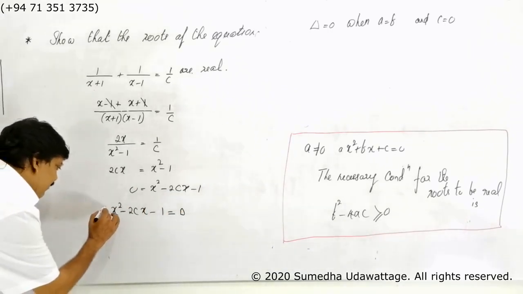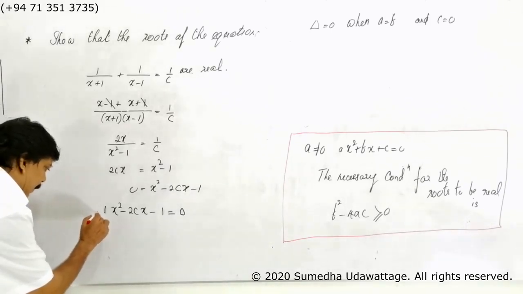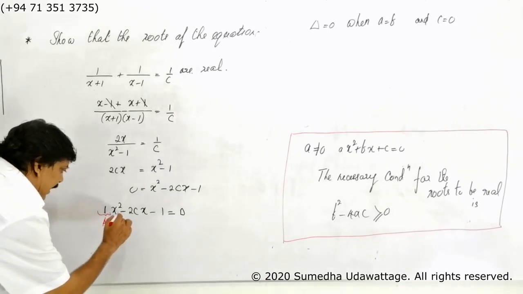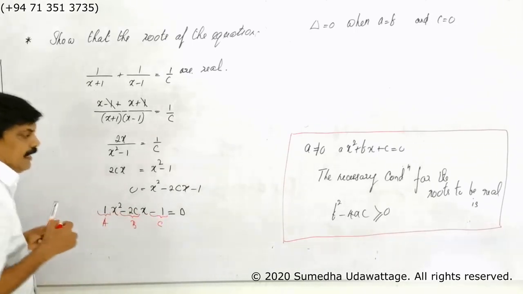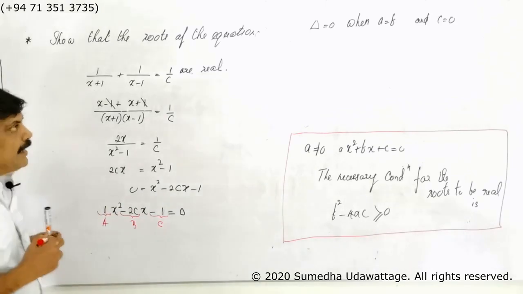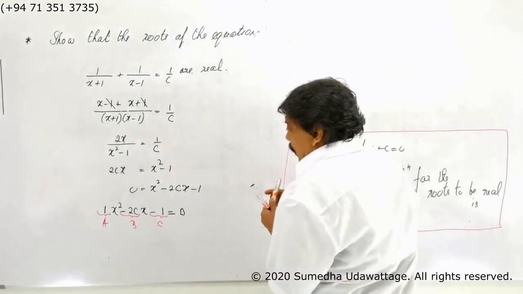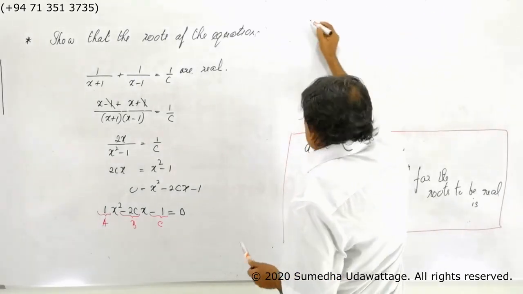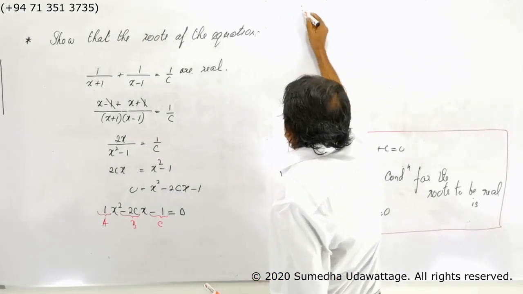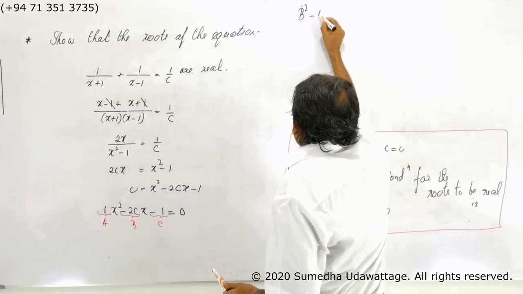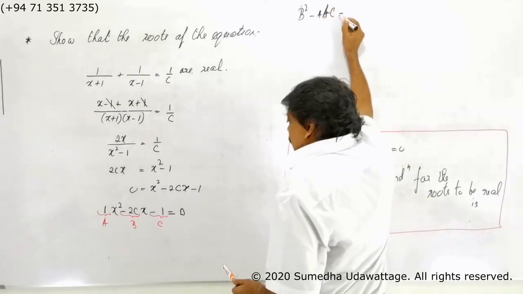Look here, you put a 1 here. This 1 acts as a, with the minus sign this 2c acts as b, and this minus 1 acts as c. Then b square minus 4ac would be b square.